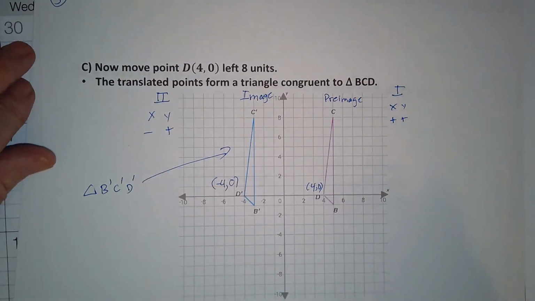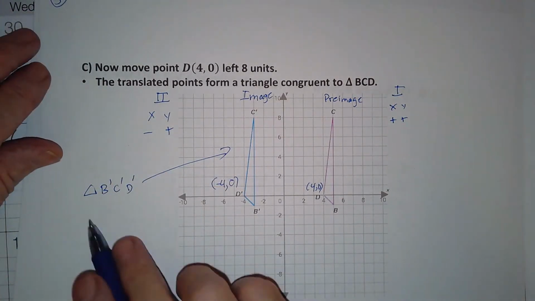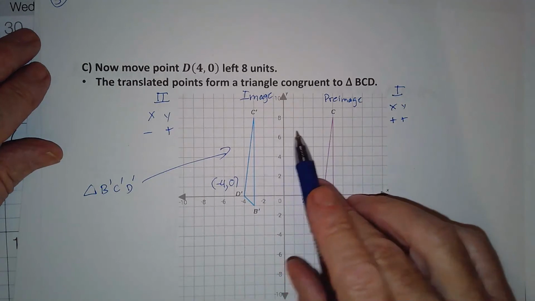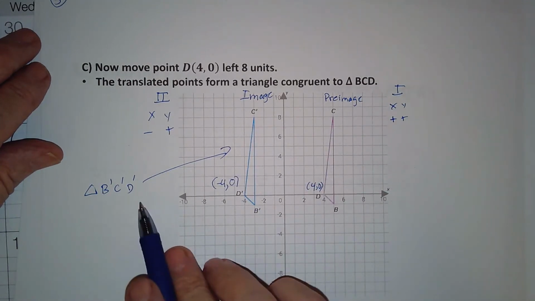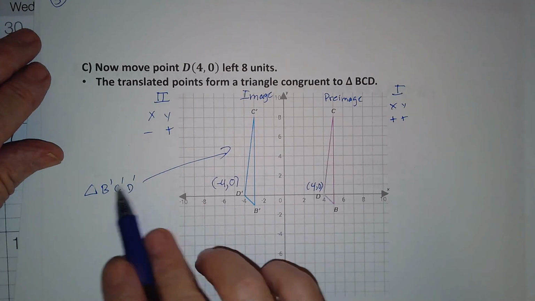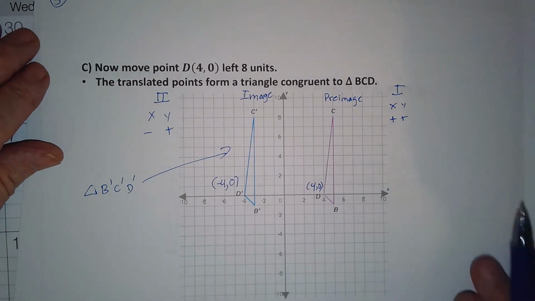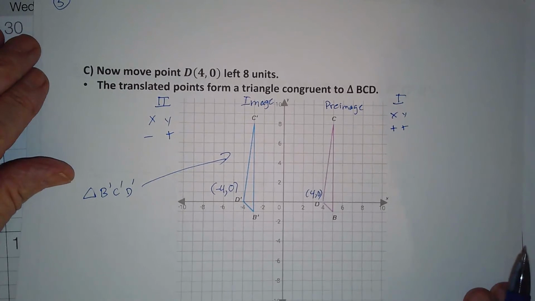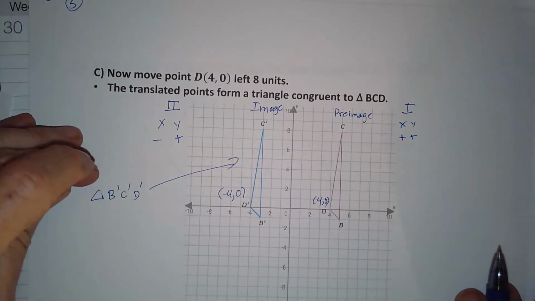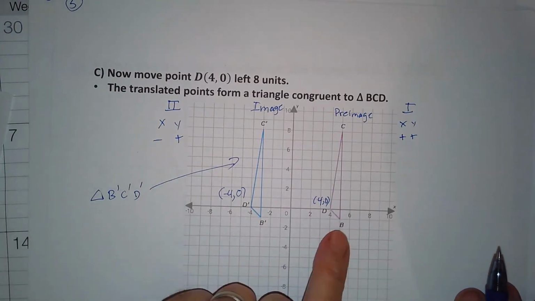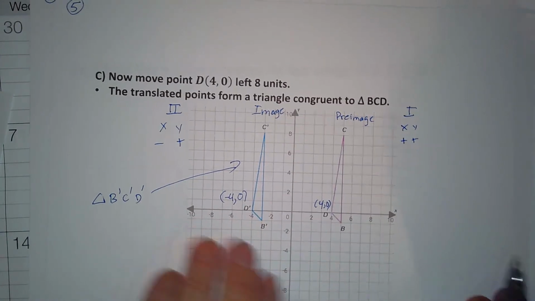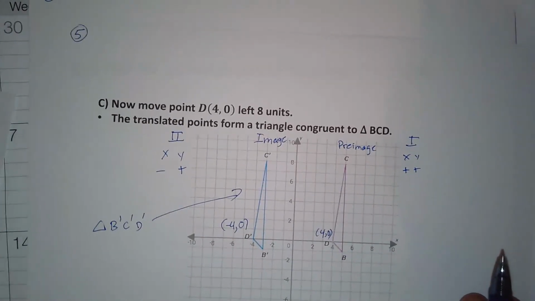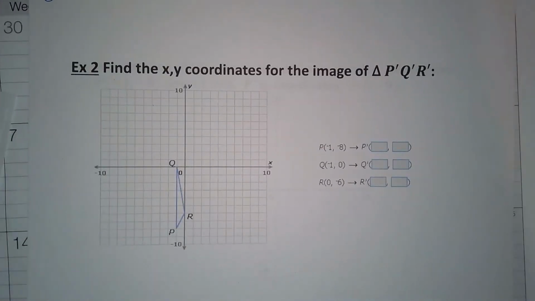So be sure you use the wording pre-image and image, and you use the prime tick marks to show the pre-image's changed coordinates. They would be the same coordinates except for the fact that everything moved. Okay? All right, so now we're going to go on to example 2.